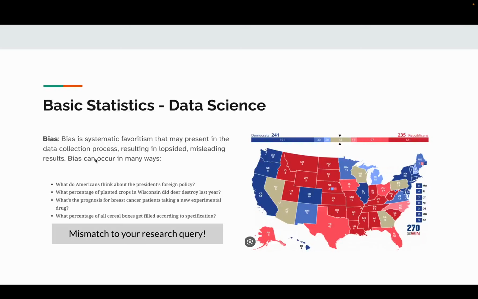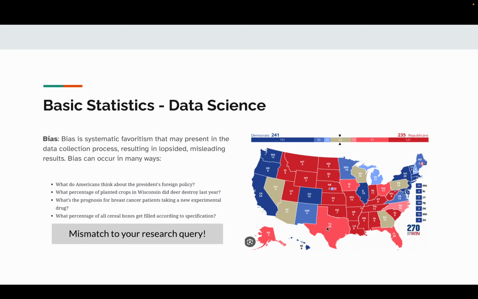Let's take an example. Let's say we have seen the last American election, and this graph is showing the results of where Democrats did well and where the Republicans won. Say we had a job to do a pre-election survey, and let's say we just took all the samples from one state, Texas.